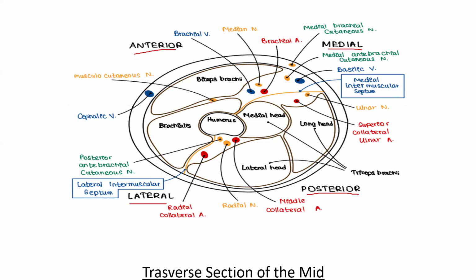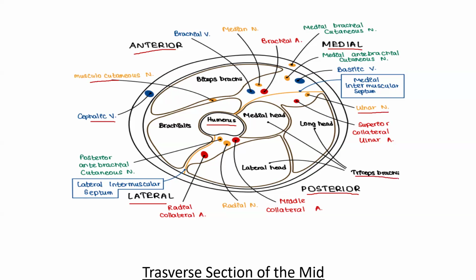And I have marked the particular structures which can be seen in this cross section with some simple arrows like this. And I have named the structures, like cephalic vein and humerus I have mentioned here. It's okay, you can use that method also. And here I have the ulnar nerve and here I have the triceps brachii, like that.